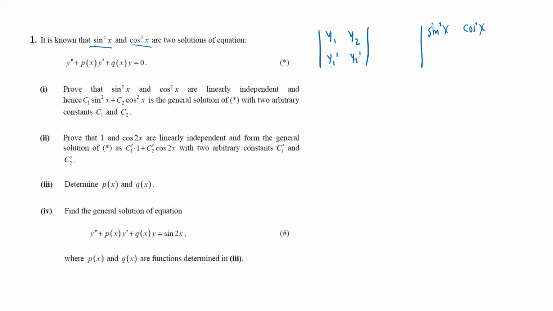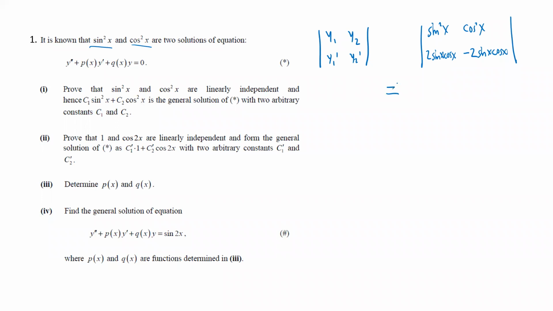So y1 prime is 2 sine x cosine x. Right. y2 prime is minus 2 sine x cosine x. So take this determinant. Right.